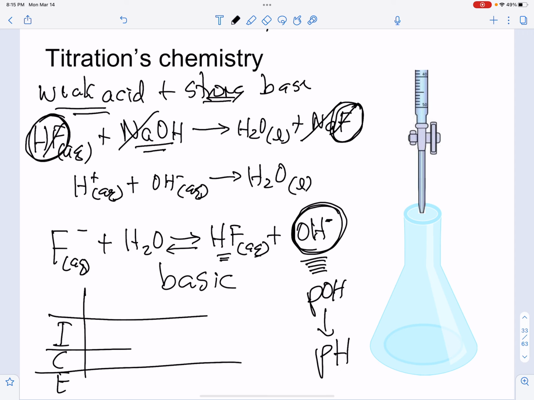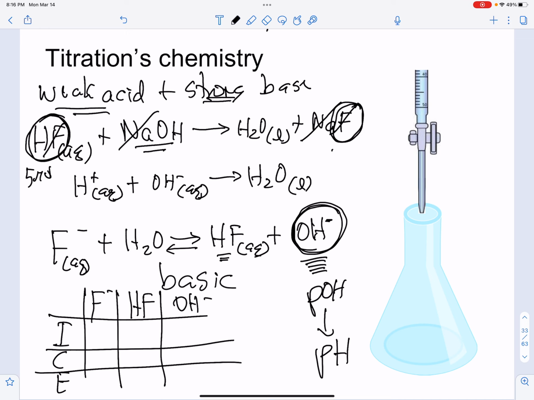You're gonna have to use an ICE table where you're gonna have your fluoride, your hydrofluoric acid, and your hydroxide. If you started with 5 moles of this, let's say, for example, then you're gonna have 5 moles of this also.